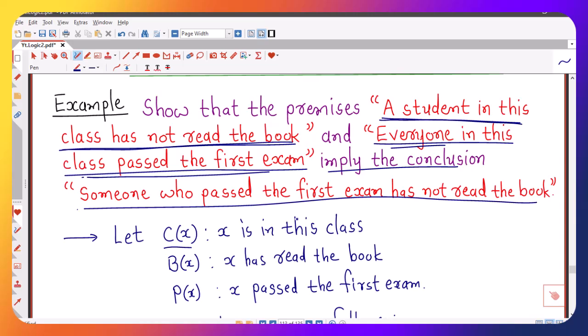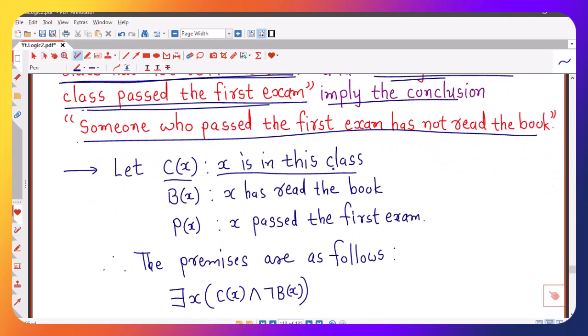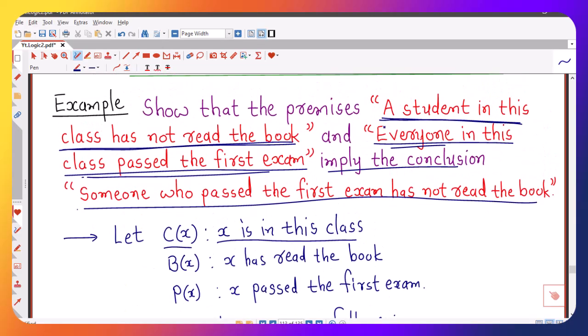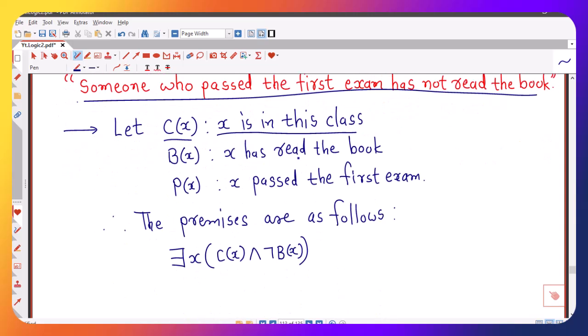Or if we consider our domain as the set of all students, then we don't have to consider that x is a student in this class. So we will consider an arbitrary domain or arbitrary universe of discourse under consideration. So first premise can be written as there exists x such that C of x and not B of x.